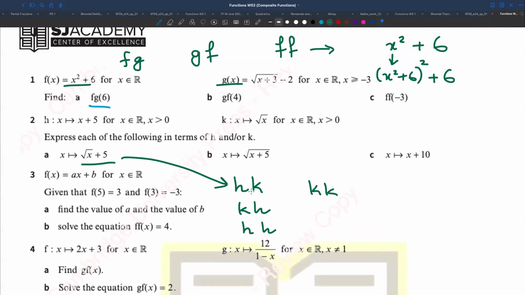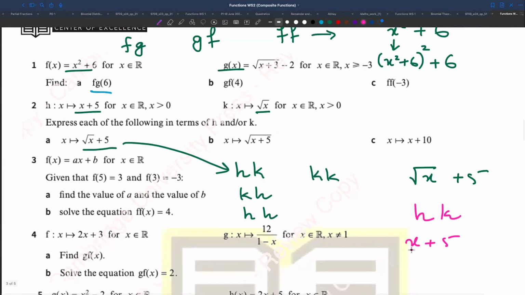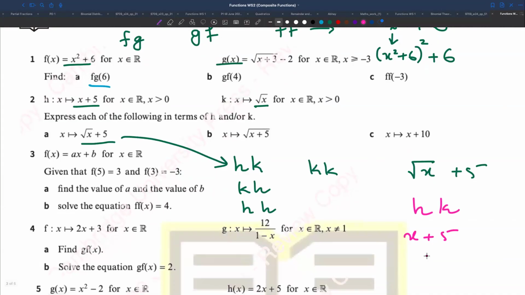Which of these four functions were used to make root of x plus 5? How will this be made from hk, because h is this and k is this? I think hk is the correct answer, because if I'm finding hk and h is x plus 5, then in place of x comes root x. Yes, you are right. Now guess what will be the answer for part b, the root of x plus 5?